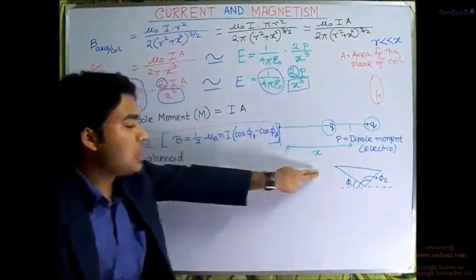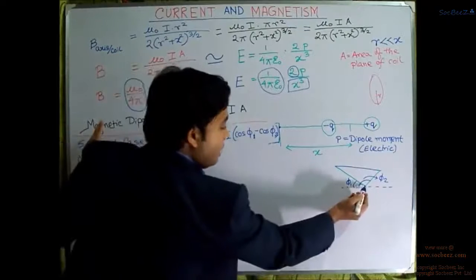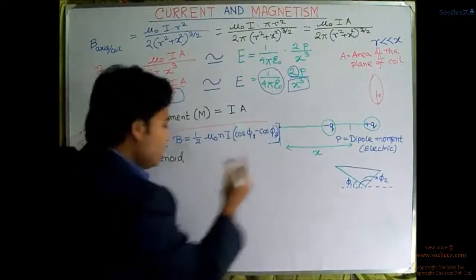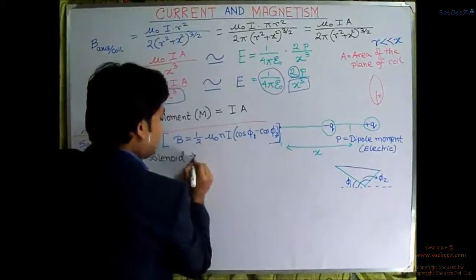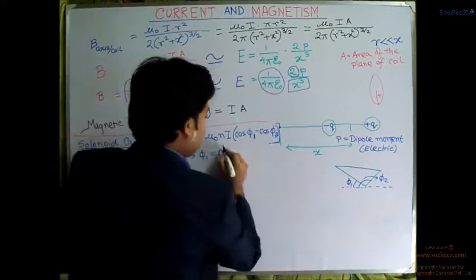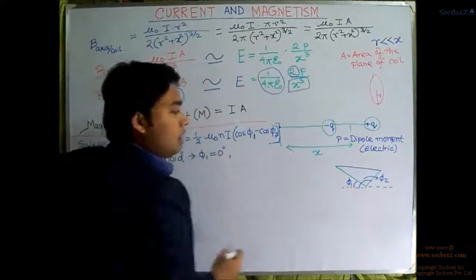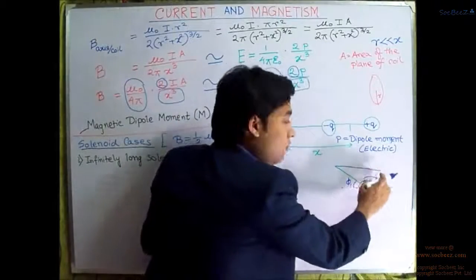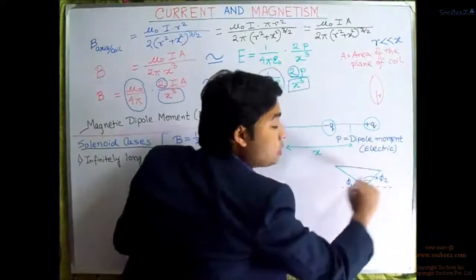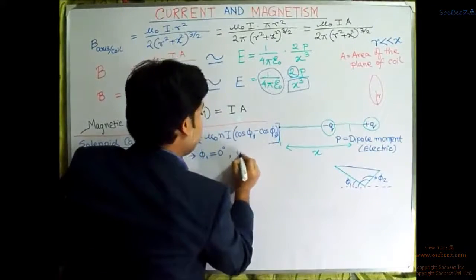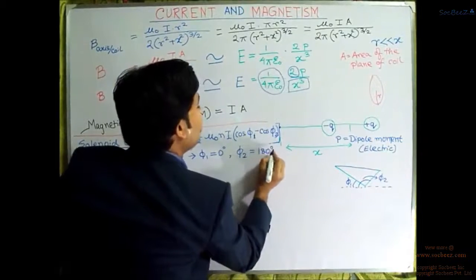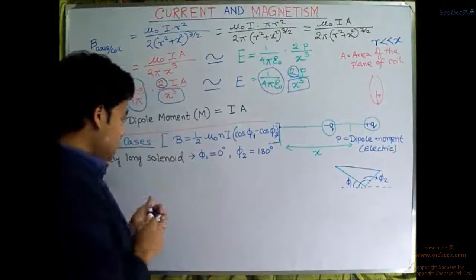Now if we extend this till infinity, we will see a decrease in phi 1, so phi 1 will become 0, and if we increase this point till infinity, we will see an increase in phi 2. So now phi 2 shall be equal to 180 degree or pi, right?